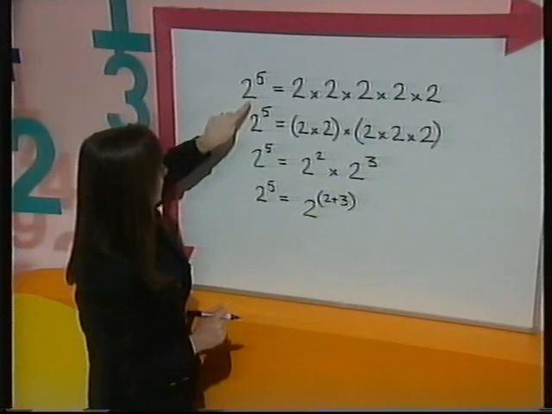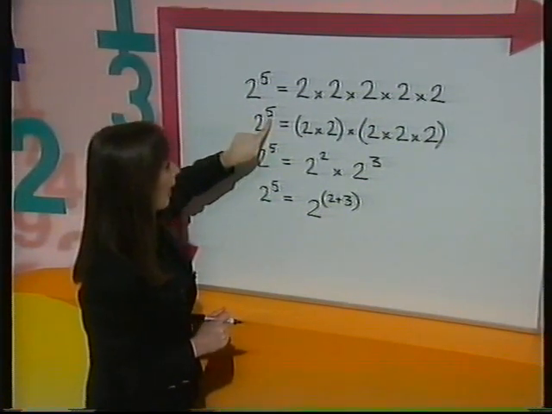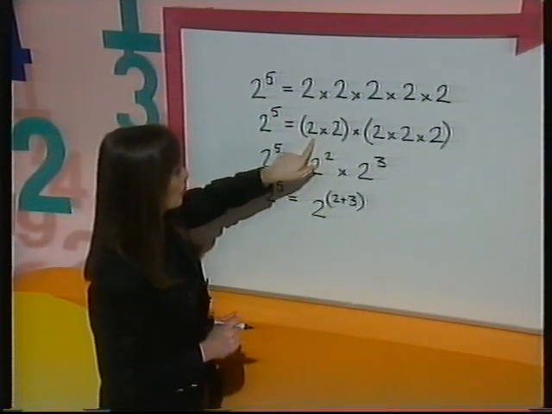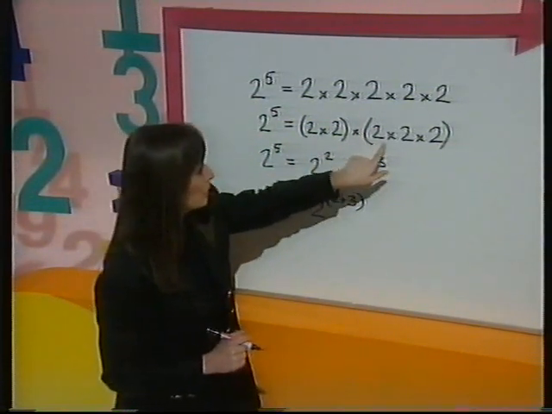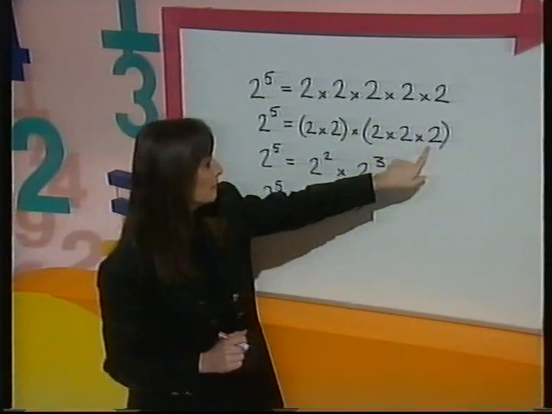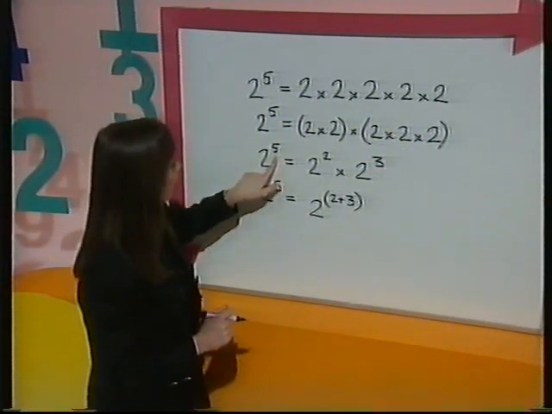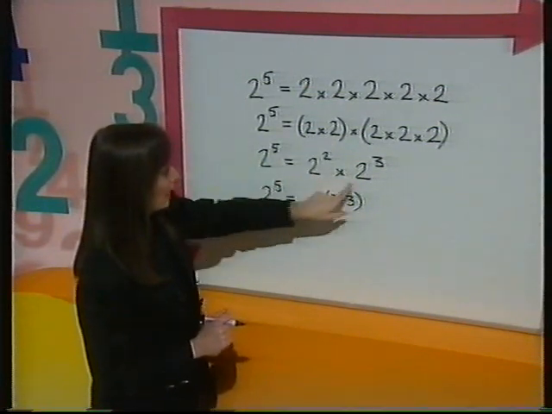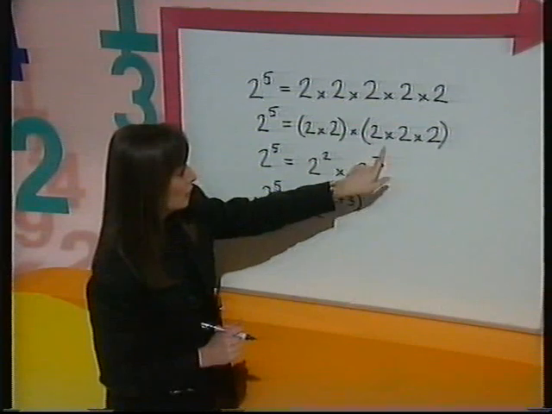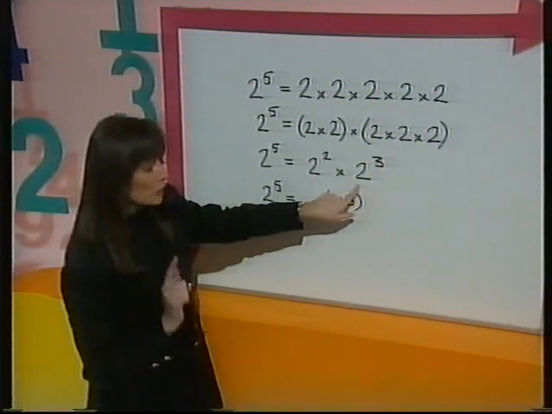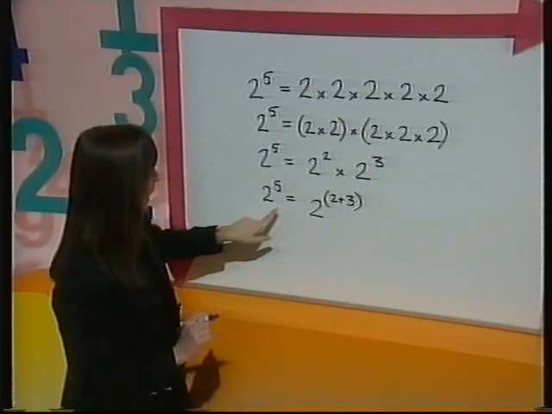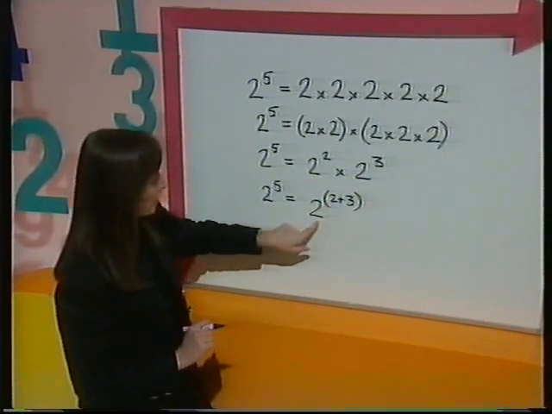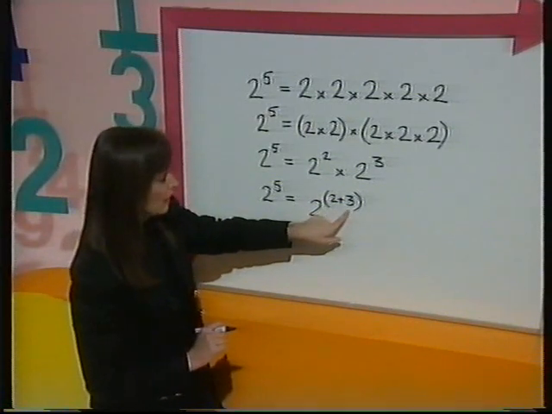If you go one stage further, you can say 2 to the power 5 is equal to, and start bracketing the 2's. So you have 2 times 2 in one bracket, and 2 times 2 times 2 in another bracket. Again, 2 to the power 5 is equal to 2 squared, because that is in one bracket, and times by 2 cubed, which is in the other bracket. So if you look at this, you find something interesting has happened. 2 to the power 5 is equal to 2 to the power 2 plus 3.